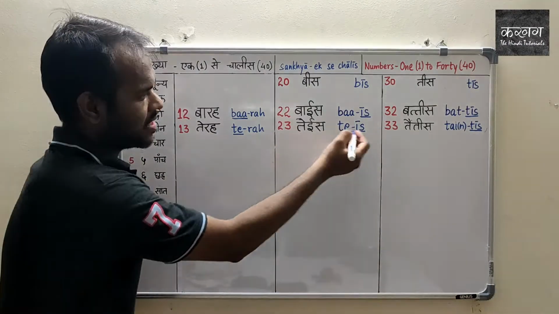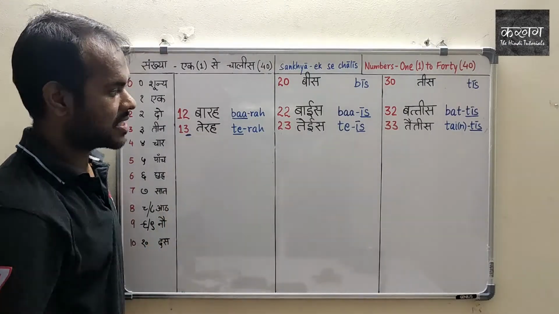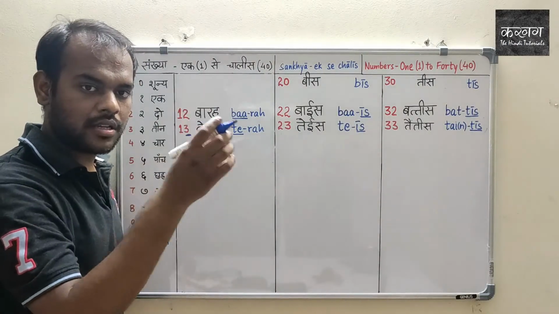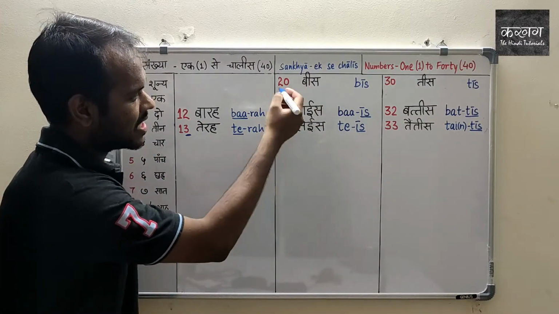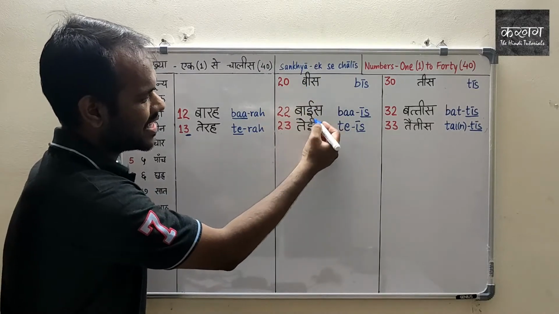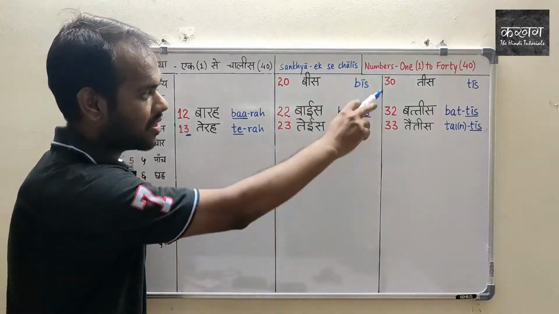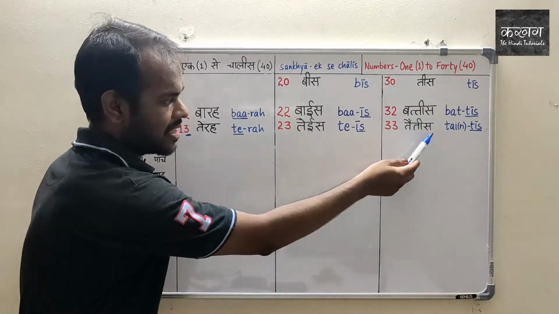So the beginning is te, te, te. And the end of that number depends on the tens place. That is, the numbers in the 20 series end with their own ending, 22, 23, and the numbers in the 30 series end with theirs, 32, 33.